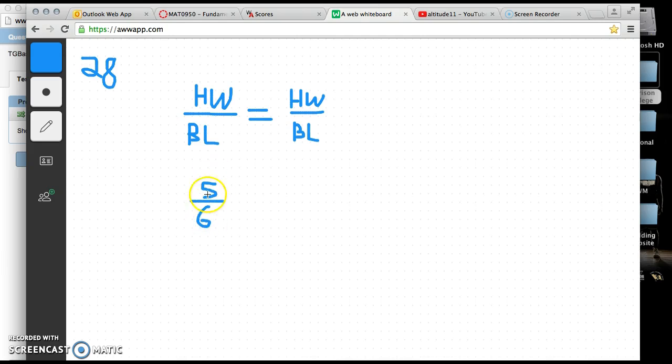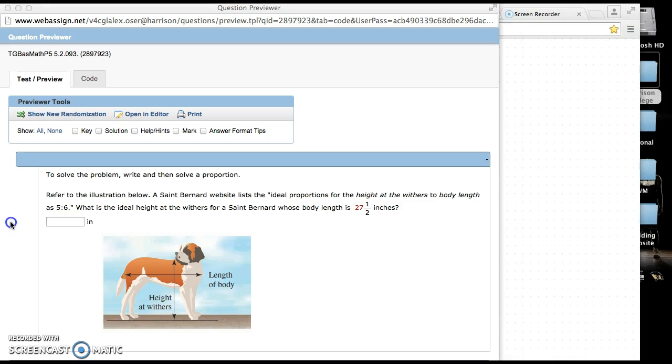So this right here, this is the ideal proportion. So now we should be given one of these two, which will allow us to then solve for the other. So in our question portion here, it says, what is the ideal height at the withers? So that tells us that we are going to be solving for the height at the withers, and we should be given the other piece of information, and you'll see that we are.